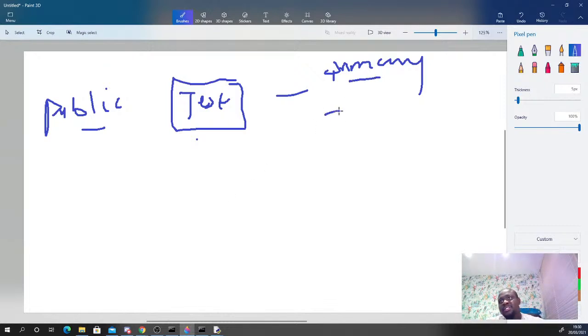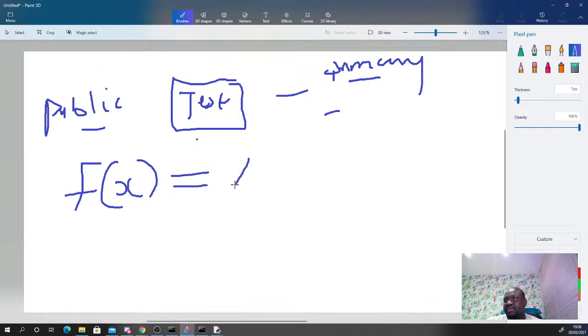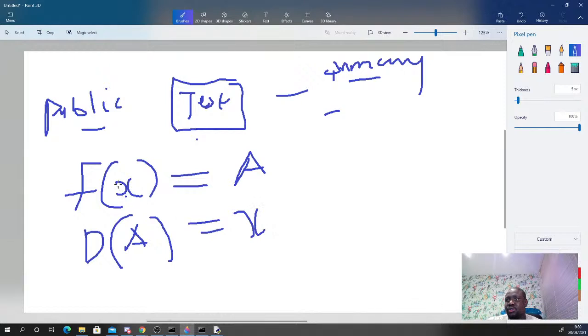So it's asymmetric because it works both ways. It's a mathematical function. To be sincere, it's like if you have a function that takes A and gives B, and you have another function that takes B and gives A. That's a simple mathematical function like that.